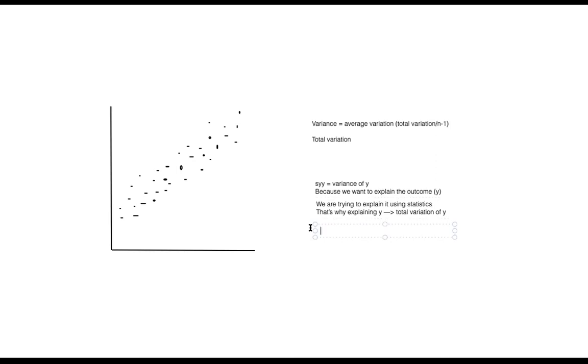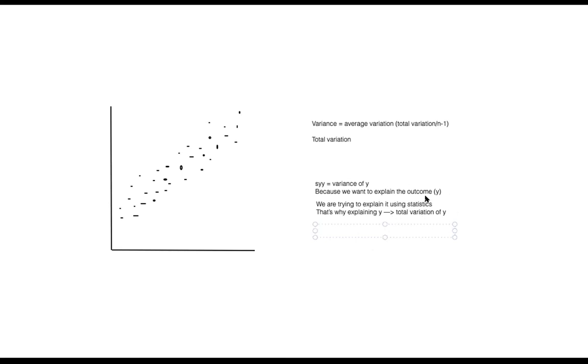And remember, your model is made up of your x variable, like your best fit line equation, y equals b naught plus b1 times x. So how well does your model explain the variation in your dependent variable?